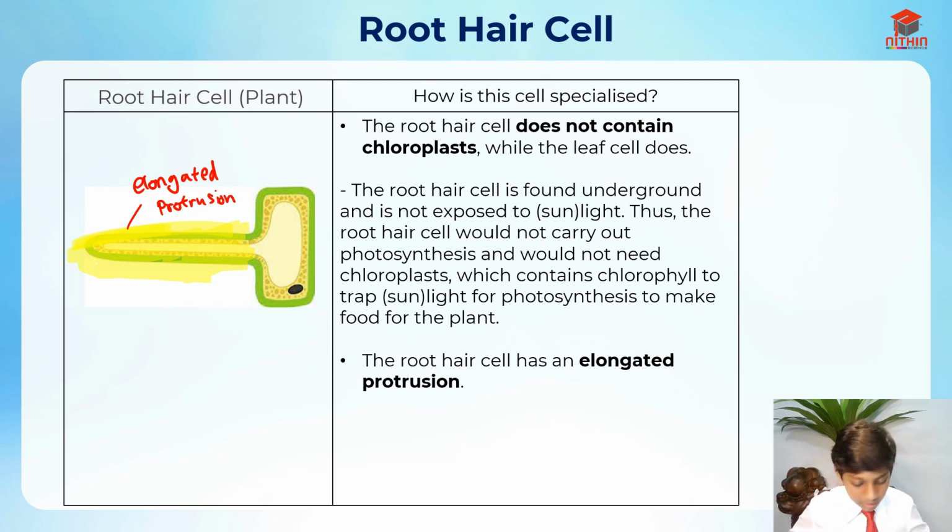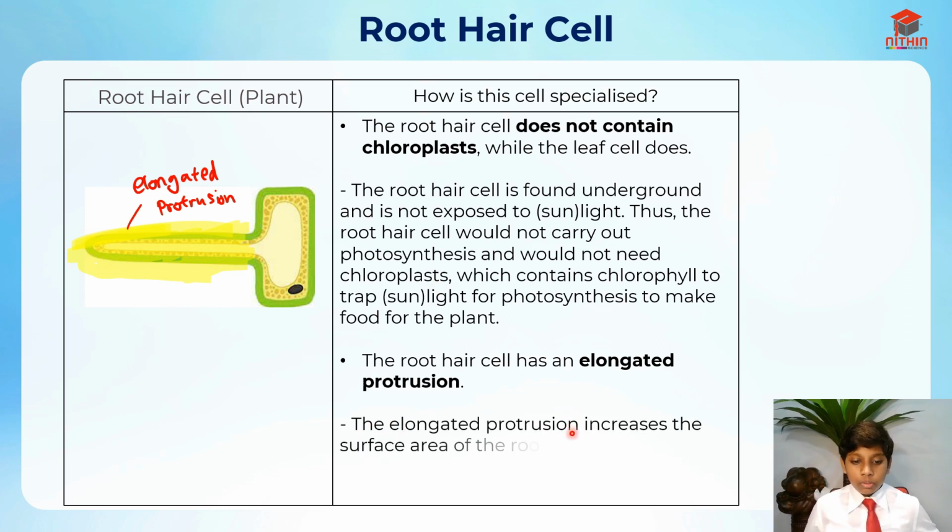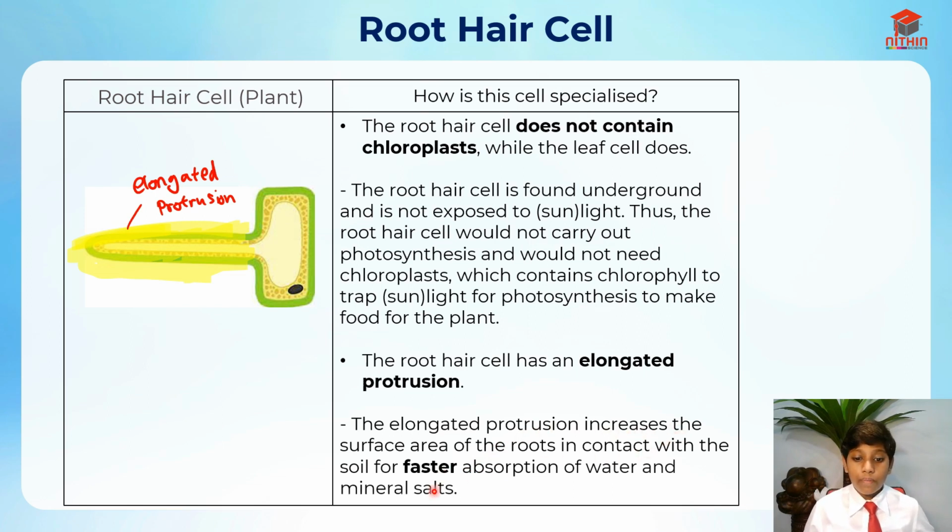This word is not tested in the syllabus, but they will still test you on the function of this part. You can just remember it as the elongated protrusion, and if you want to write it in your answer, you can write it as well. The elongated protrusion actually increases the surface area of the roots in contact with the soil for faster absorption of water and mineral salts. Okay, some of the root cells actually do not have this elongated protrusion.